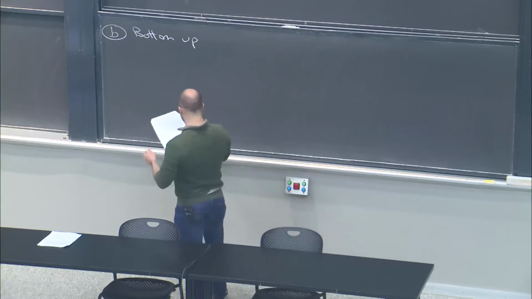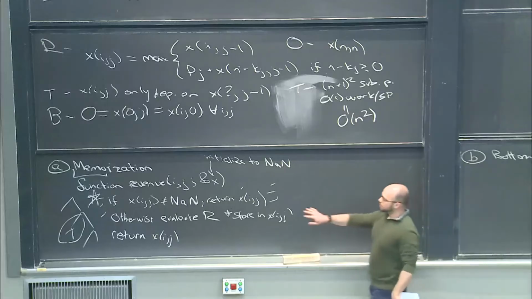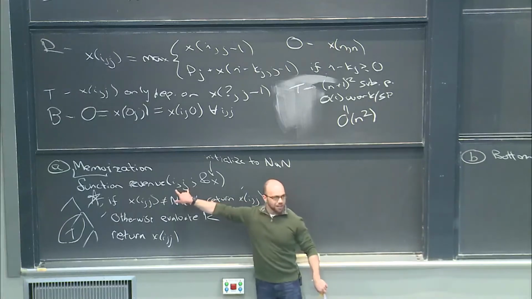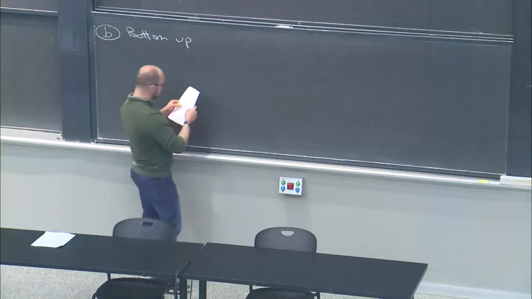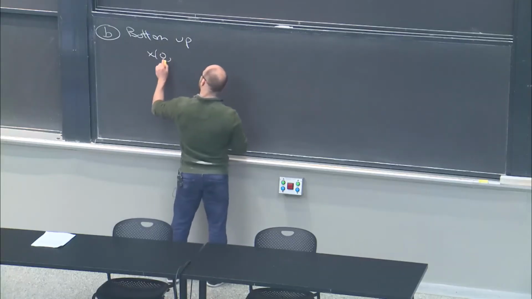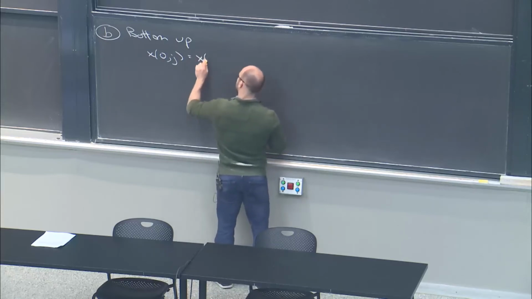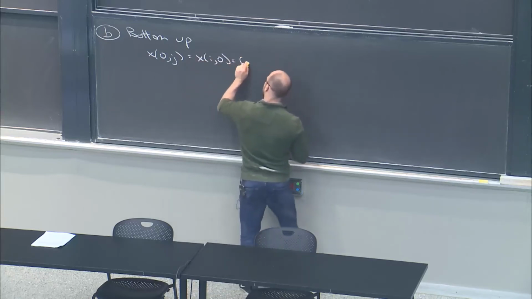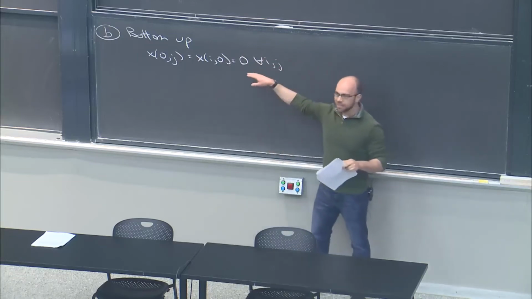So what would that look like? Notice that memoization is a top-down strategy; I would call it on n comma n. Here, we're going to start from 0 and work our way toward n. So we'll start with x0j equals xi0 equals 0 for all ij. Obviously, I can do this with a for loop.